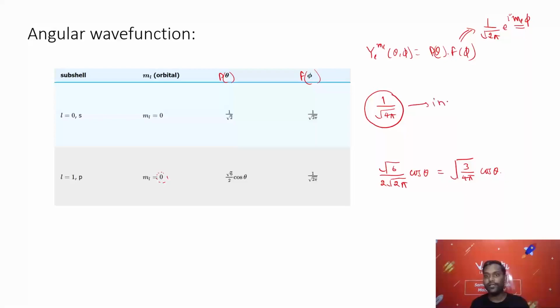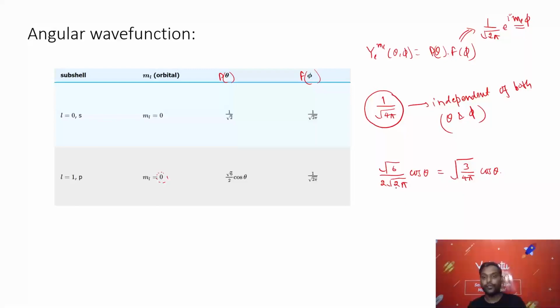This will always be independent of both theta and phi. So that is easy to identify.